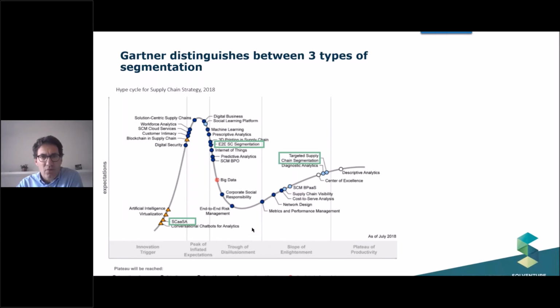Just wanted to share that with you so that you have an idea and compare to where you are yourself as a company. What they say is targeted supply chain segmentation is into that slope of alignment. A lot of companies are working on that. If not yet implemented, they are taking big steps.